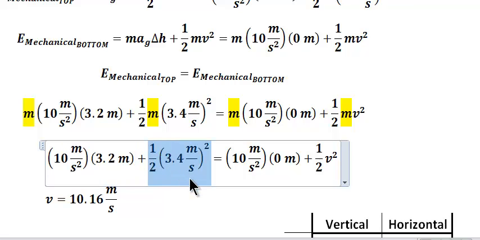The leftover part of kinetic energy: 1/2 times 3.4 squared. At the bottom, 10 meters per second squared, that's acceleration due to gravity, and it is 0 meters up in the air. So this term is going to go to 0, plus 1/2 the velocity at the bottom squared. You can work out all of this, and all you don't know is velocity at the bottom.